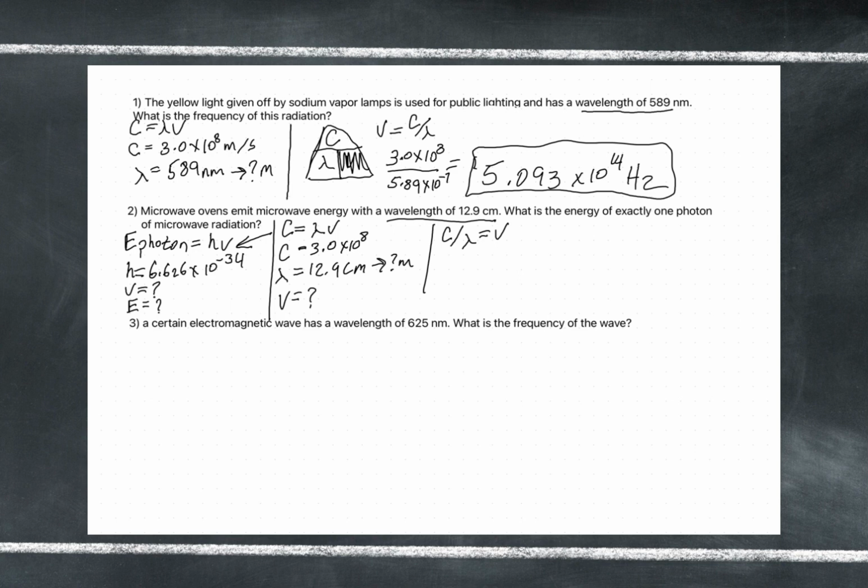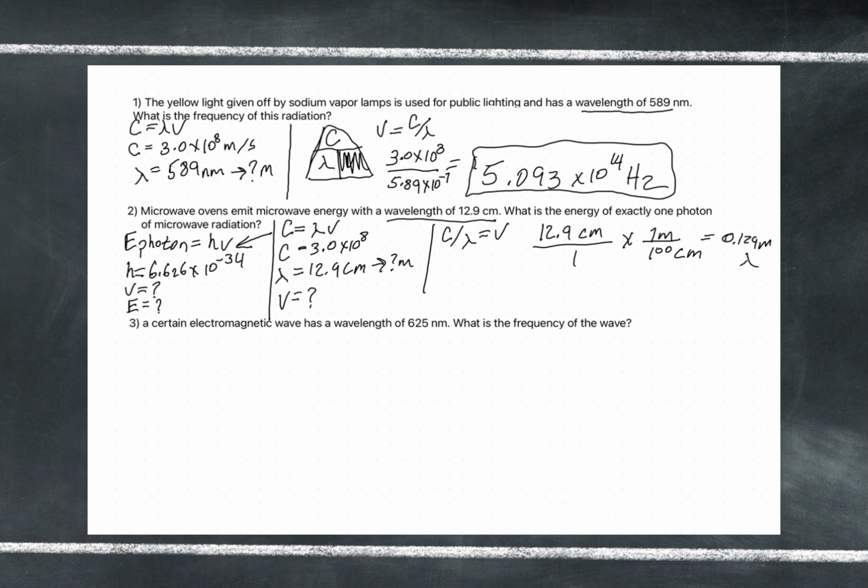So if I take my 12.9 centimeters, put it over 1, multiply it by, there's 100 centimeters in 1 meter. That's going to give me 0.129 meters. So that's going to be my lambda.